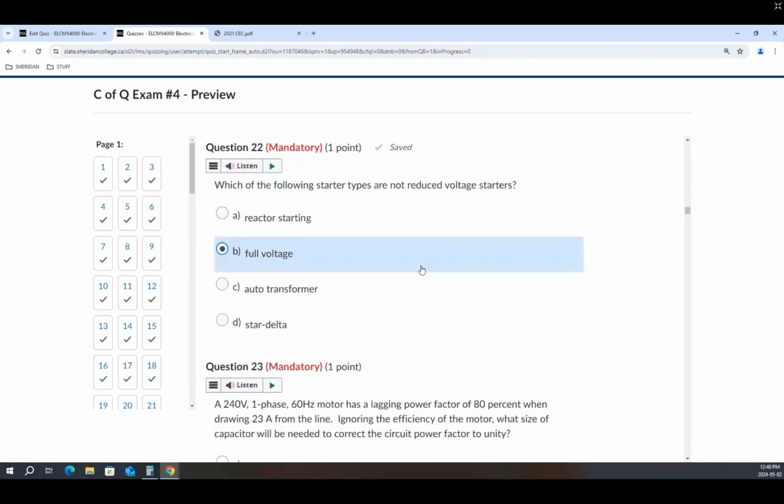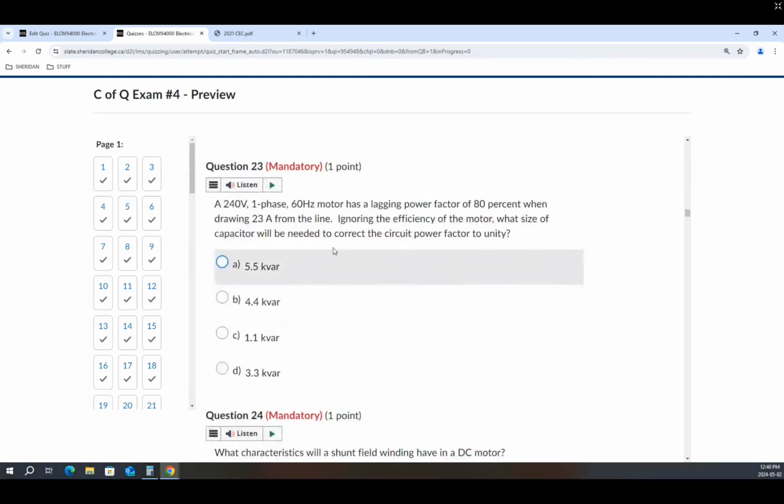I got 22 done. Here's 23. A 240 volt single phase 60 hertz motor has a lagging power factor of 80% when drawing 23 amps from the line. Ignoring the efficiency of the motor, what size of capacitor will be needed to correct the power factor to unity?